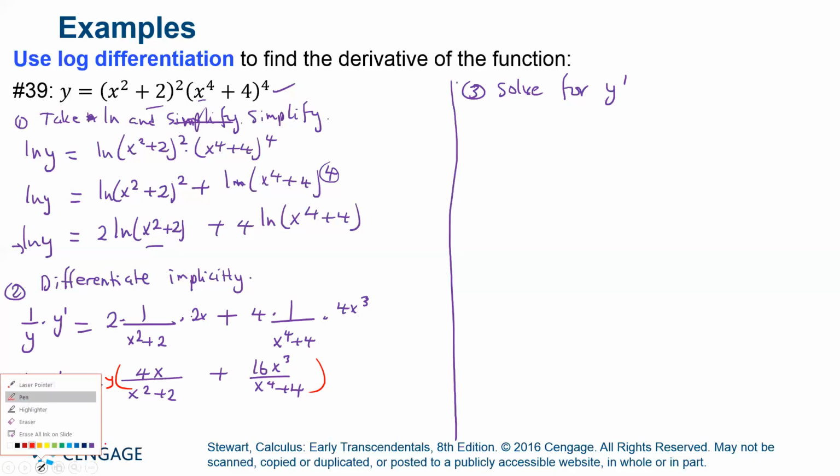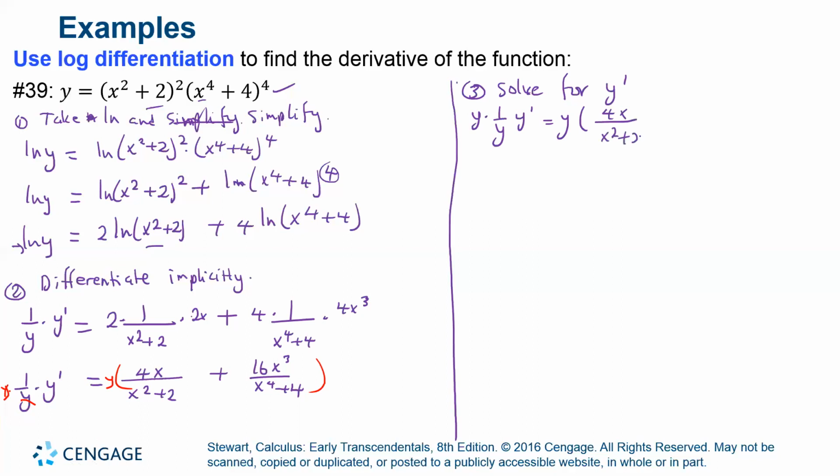So you have y times 1 over y, y prime, equal to y times 4x over x squared plus 2, then plus 16x to the third divided by x to the 4 plus 4.